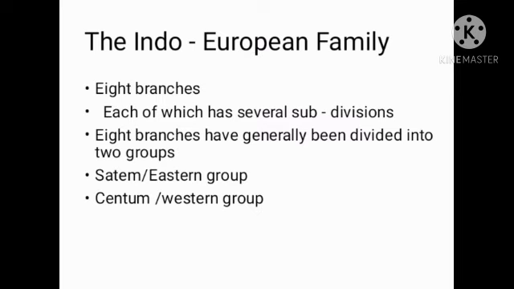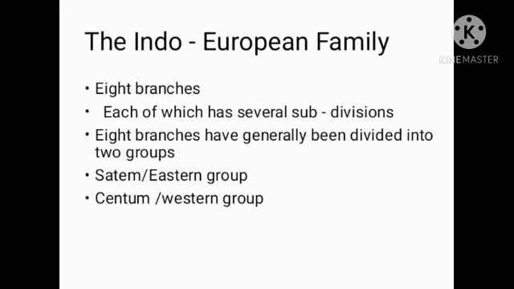Consequently, several different dialects of the parent language arose. Here the parent language is Indo-European, later developing into independent languages. Sanskrit in the east and Latin in the west were among the earliest to exist as independent languages. Sanskrit and Latin retain most faithfully the features of the parent Indo-European language.